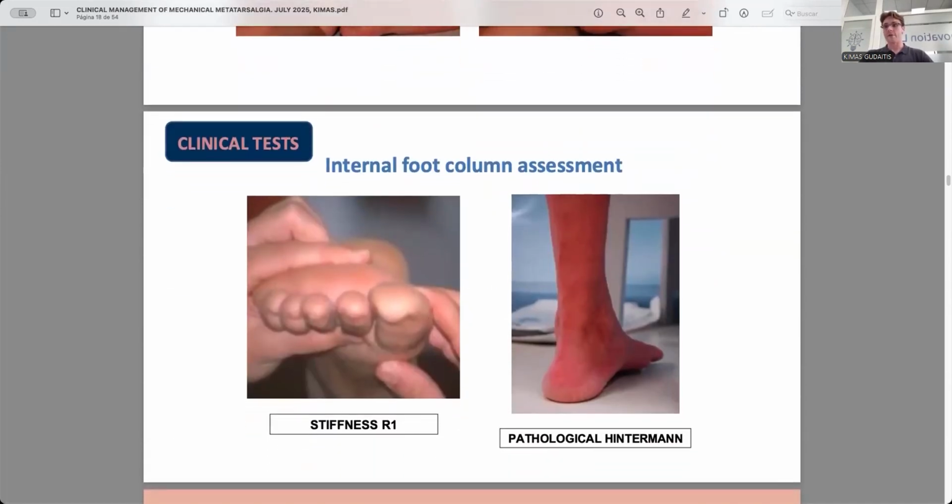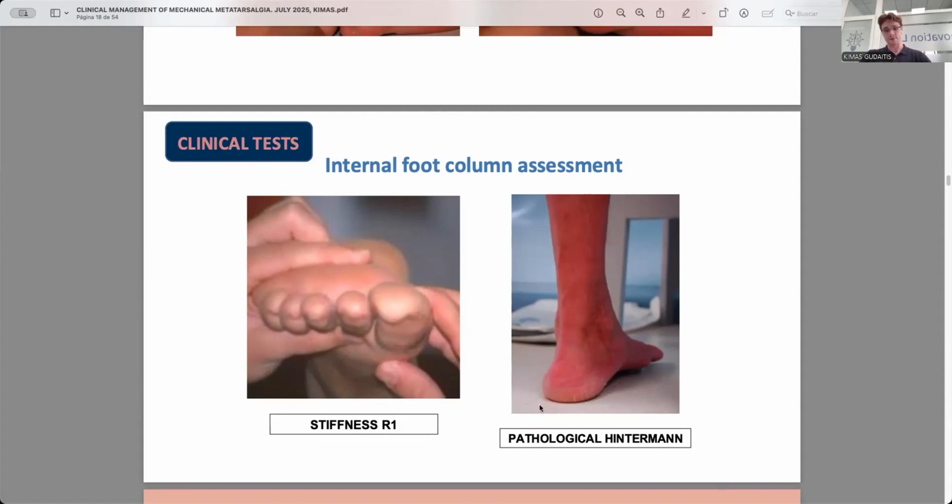We can also assess the first ray to check its dorsiflexion stiffness. As I mentioned earlier, a first ray with low stiffness during dorsiflexion, also called first ray hypermobility, is related to metatarsal pain in the second and third ray due to this load transfer.